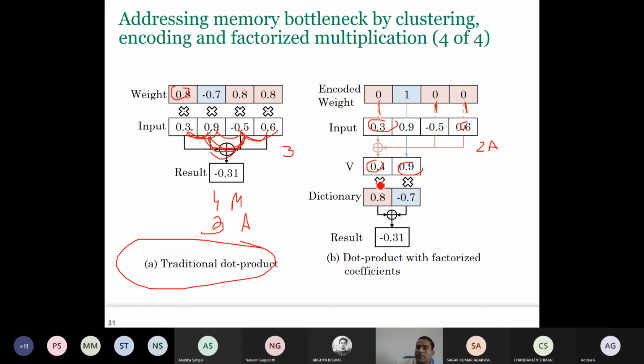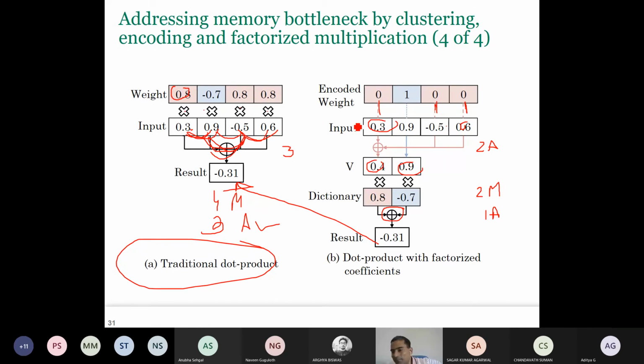And if we multiply them with the original numbers, 0.8 and -0.7, it becomes the same answer. So the result is the same. But now we have to do just one more addition here. So 2 plus 1, that means a total of 3 additions and only 2 multiplications. So now we have reduced the number of multiplications by doing this factorization.